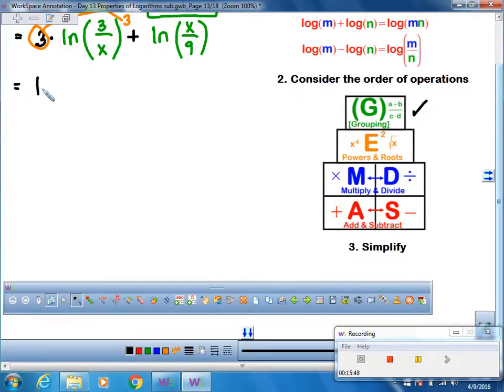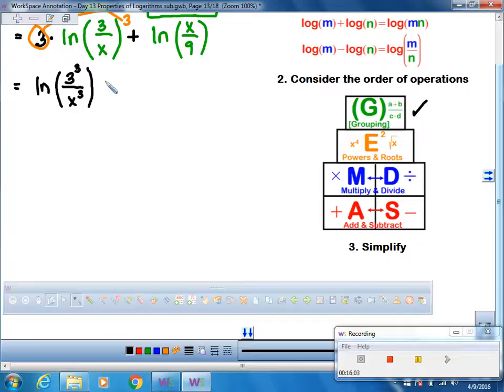Equals natural log, we'll say 3 cubed over x cubed plus natural log x over 9. So we're done with all of our exponents.